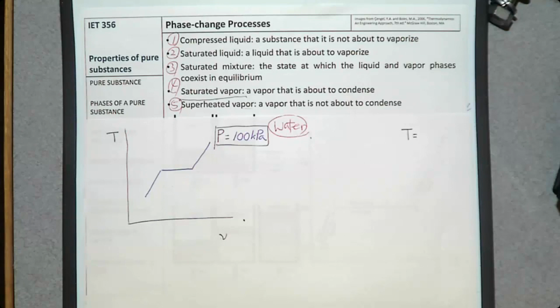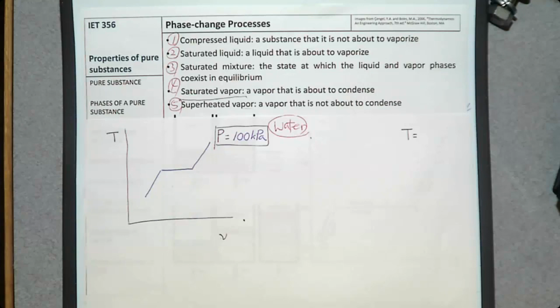This way, this way, this way. So this particular line is for 100 kilopascal. If you have less than 100, this graph moves downward. If you have a greater pressure than this one, this graph moves upward. But we are going to talk about that.